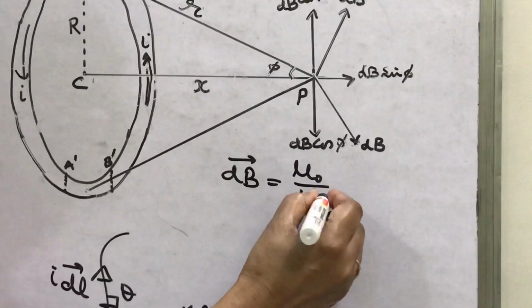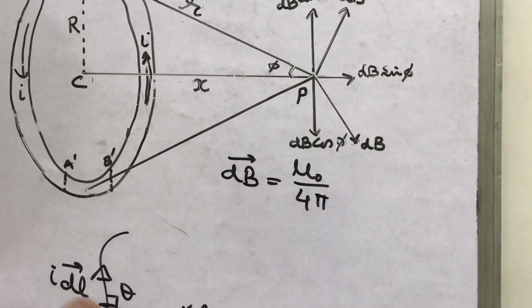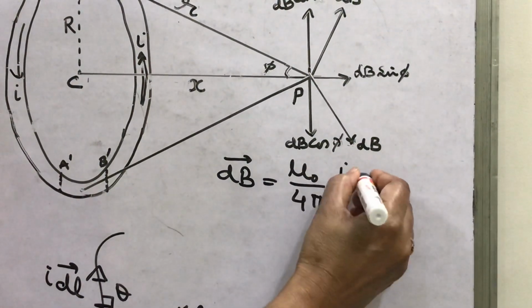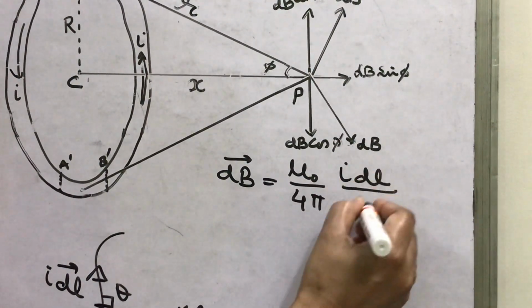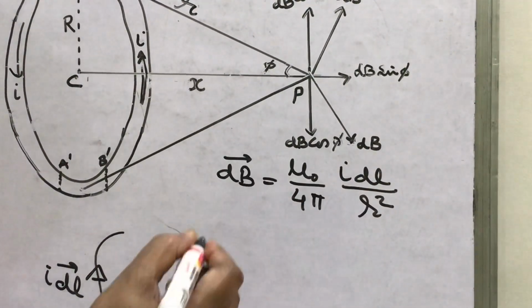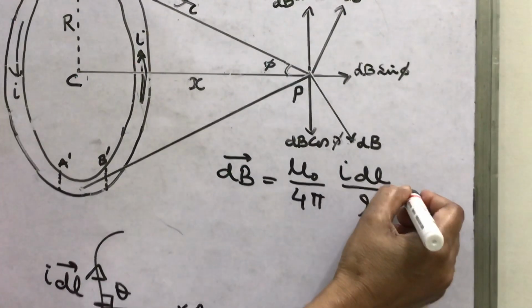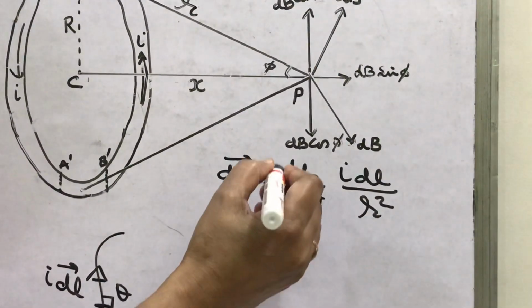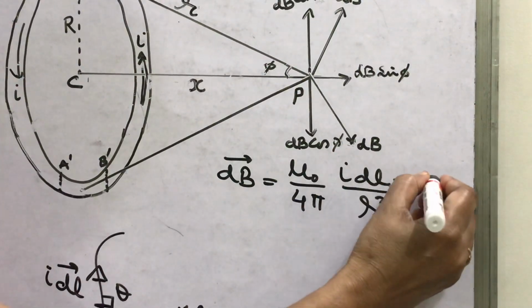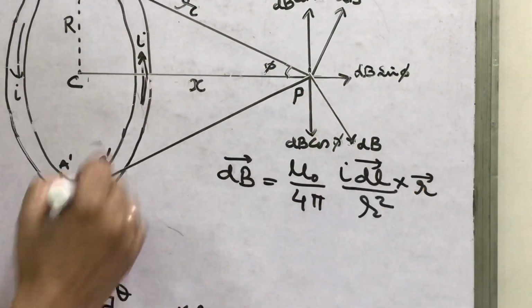Mu naught upon 4 pi I dl upon r square, or in the vector form you write r cube. This is vector r and this is I dl.